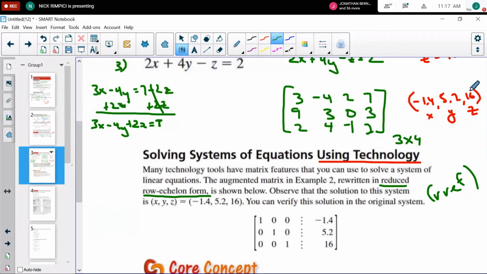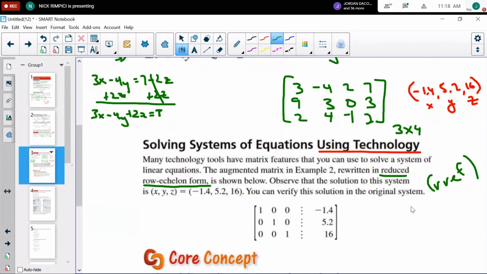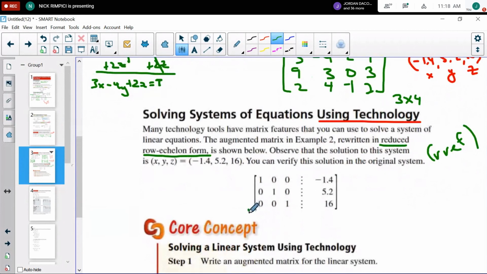So we saw this with the computer. You can verify the solution in the original system. Please make sure it looks like this. This means 1x without y without z. This means 1y without x without z. This means 1z without x without y. I'm determining that because of where the ones are located.